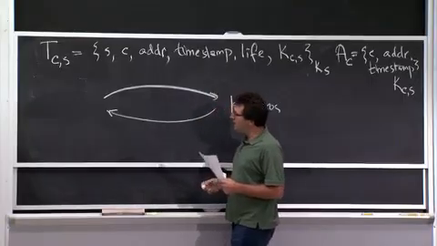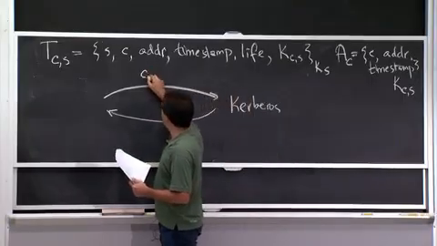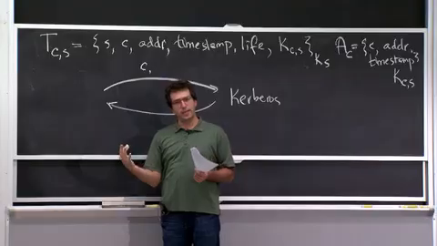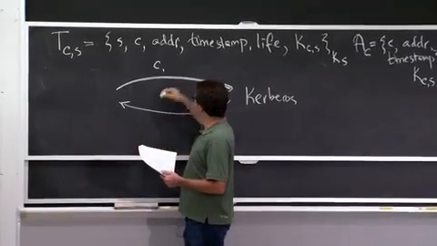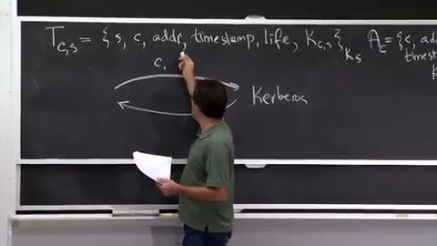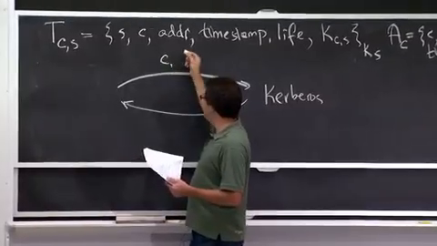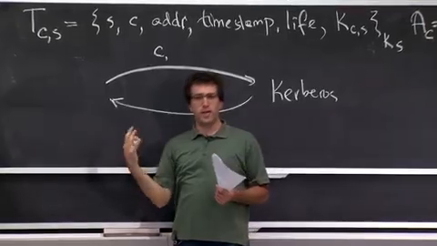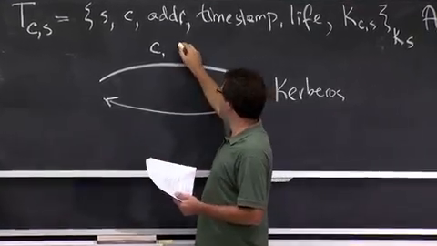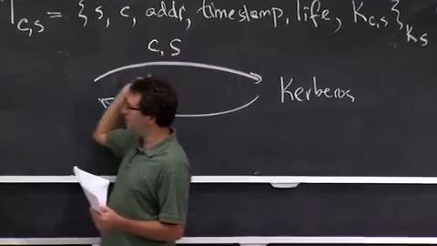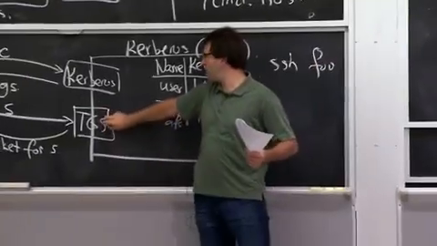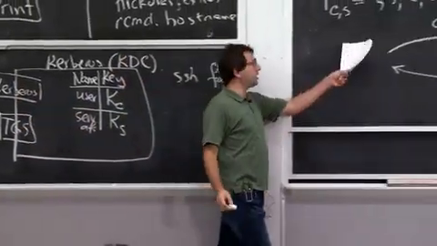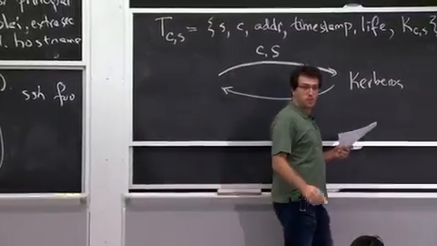And more precisely, the client actually sends over both the username C of the client that's issuing the request, as well as the principal name. Well, the client is also a principal name, but the client also sends the principal name of the service for which it would like to get a ticket. And typically, the service name is actually the service name of this TGS guy over here. So you get a ticket for them. But you could get a ticket for almost any service you want in this way.